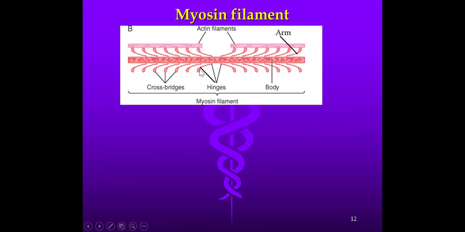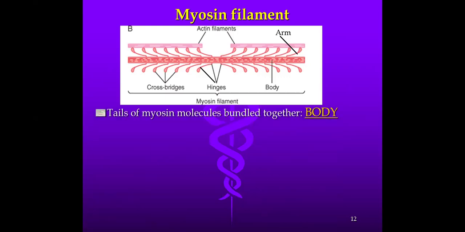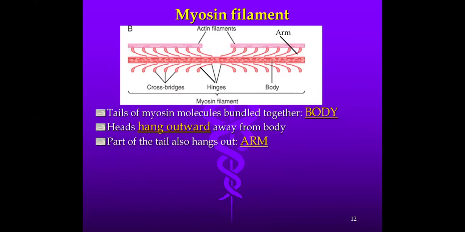These points are known as the hinges, while the entire limb is known as the arm of the cross bridge. So the tails of the myosin molecules are bundled together to make the body, while the heads hang outward away from the body, and part of the tail also hangs out, which is known as the arm. This is the arm, and this is the head. Arm plus head make the cross bridge.